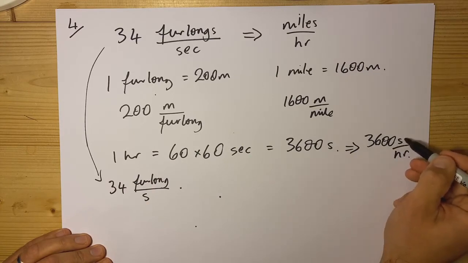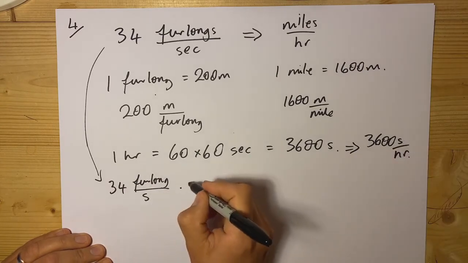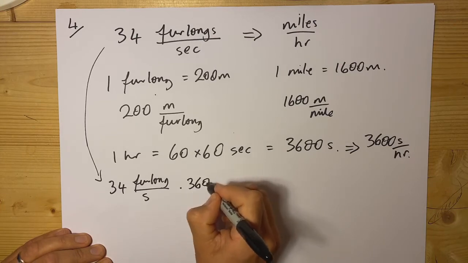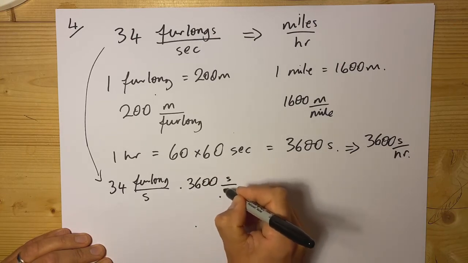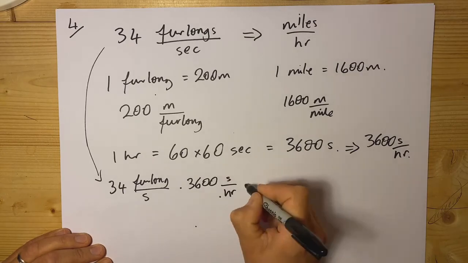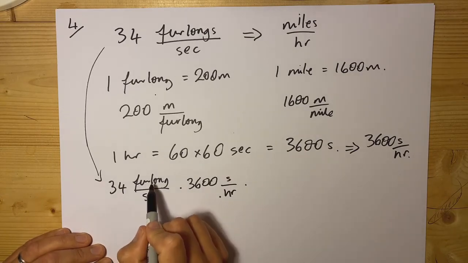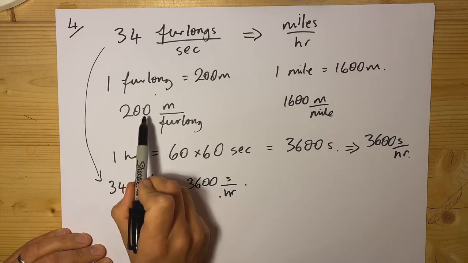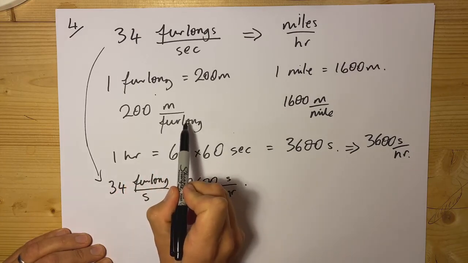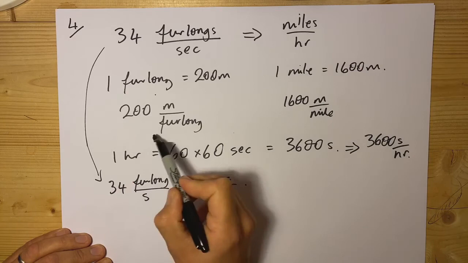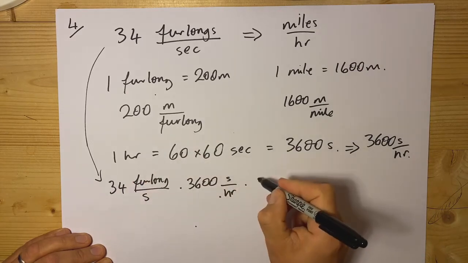So therefore the seconds up here will cancel out with the seconds down here. So let's multiply that: 3,600 seconds per hour. Okay, what about length? We need to now go from furlongs to meters. This is good. So meters per furlong. Our furlong is underneath. Here we've got furlong on top, so those are going to cancel out. So this is already the right way around for us.